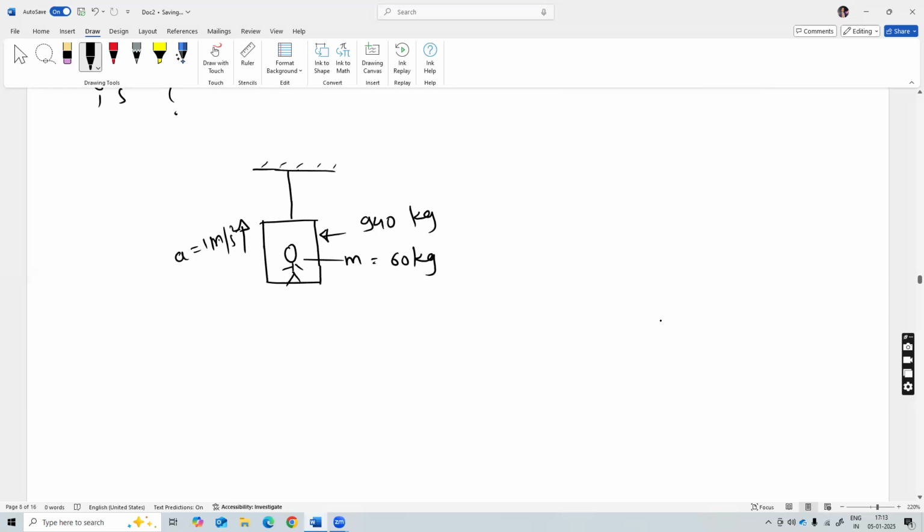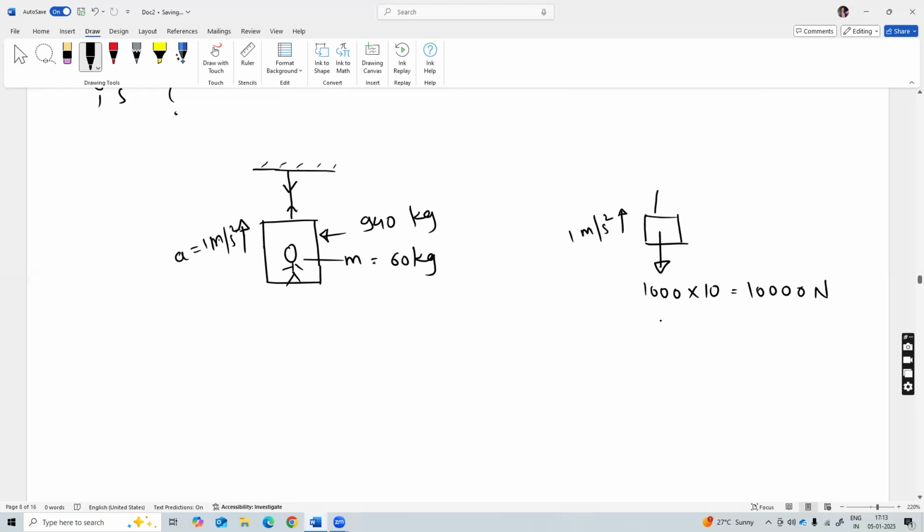So if we draw the FBD of this, let's consider this man as well as this lift as a single unit. Then the total net mass is 1000 kg. So 1000 into acceleration due to gravity, so 10,000 Newton force is acting in downward direction. Then the acceleration is 1 meter per second square and the lift is going upward, and there will be tension in this string.